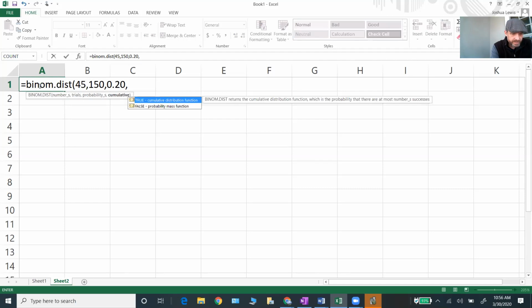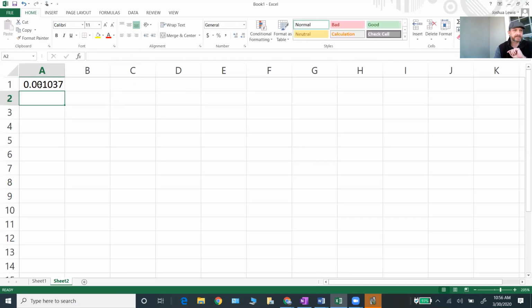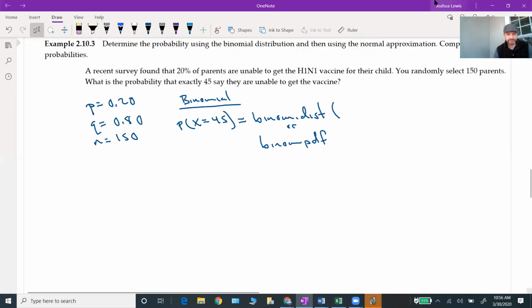And then cumulative, we're going to say false because we want exactly 45 successes. And so we get 0.0010, if I go to 4 decimal places.